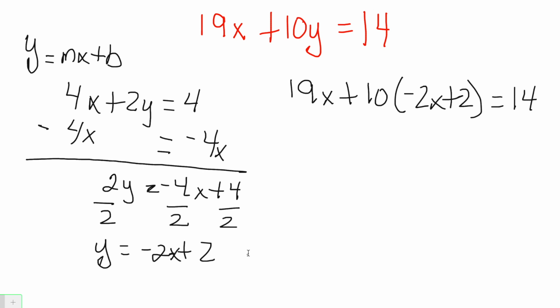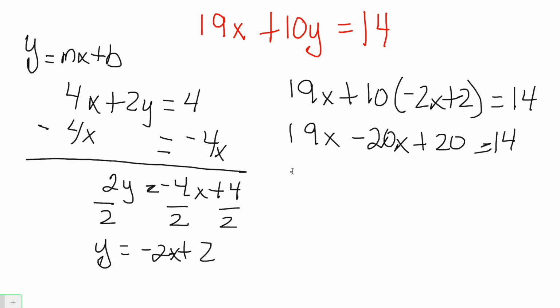Now, as you remember, you're going to have the distributive property process over here. So 10 times negative 2x is negative 20x, and 10 times 2 is positive 20, equals 14.